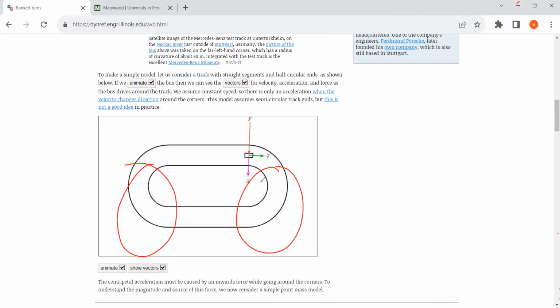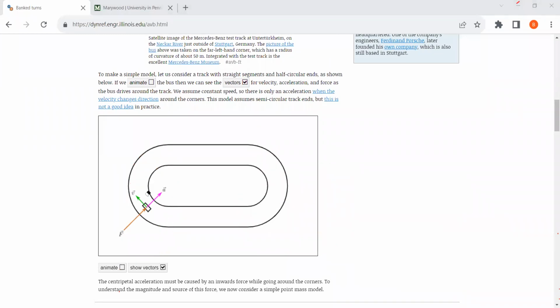So who provides this centripetal force in this case? When the car is in a circular portion of the track, we have a centripetal force directed to the center, and this is the centripetal acceleration.